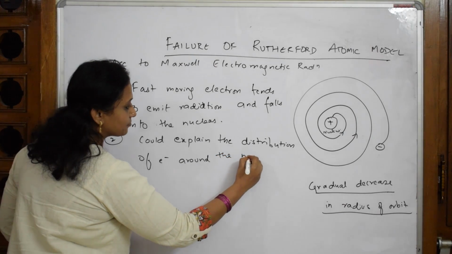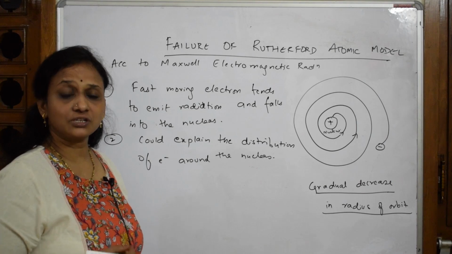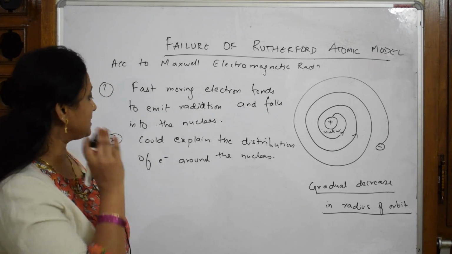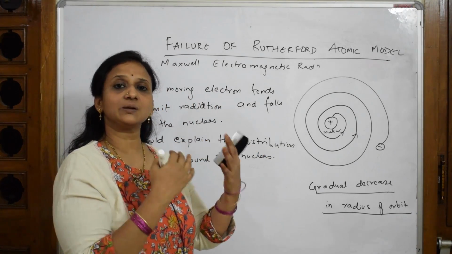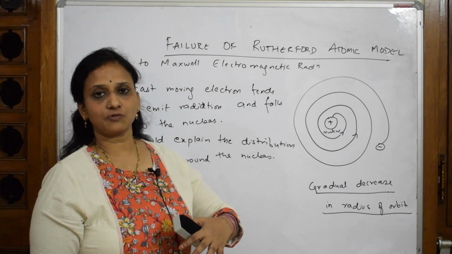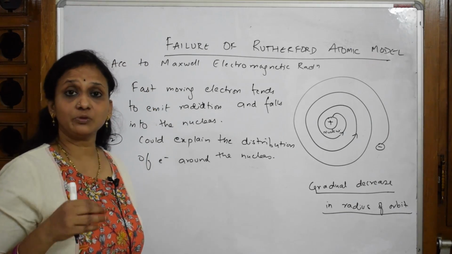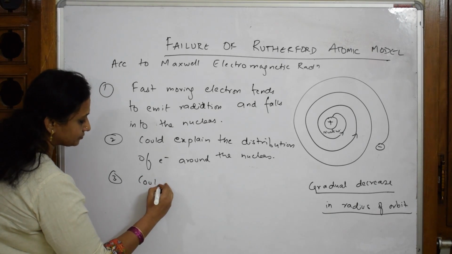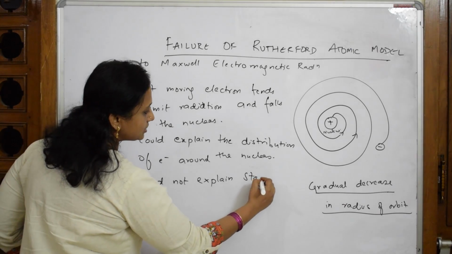Okay, this is also fine. The next important concept is that he could not explain the stability. How is the atom stable? If it loses its energy, it should fall, or if it is still existing, how is the stability? We will learn further about the stability of the atom. He could not explain the stability of the atom.